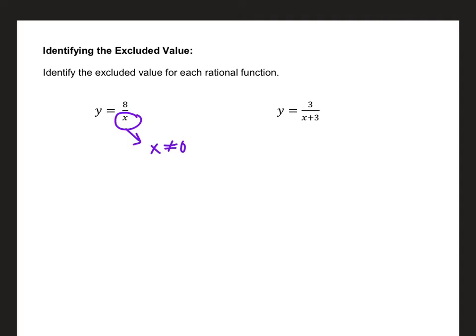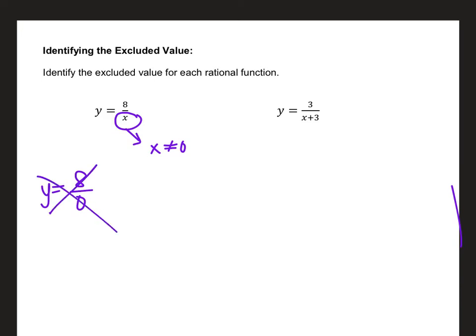So let's think about it. If you were to plug a 0 in for x, what's 8 divided by 0? Maybe I'll write that down as we talk through it. Even if you're not sure, type 8 divided by 0 into your calculator and you get a domain error message, because you can't divide by 0 in math.